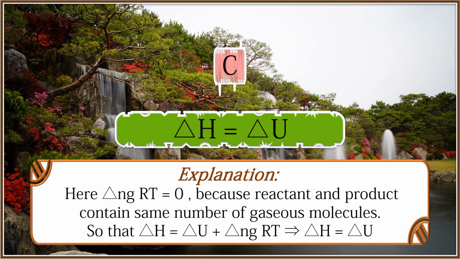And the answer is delta H equals to delta U. Here, delta Ng RT equals to 0 because reactants and products contain same number of gaseous molecules. So that delta H equals to delta U plus delta Ng RT, giving us delta H equals to delta U.